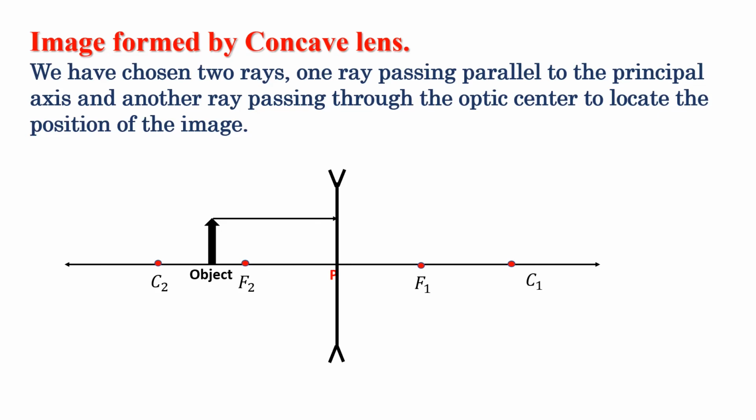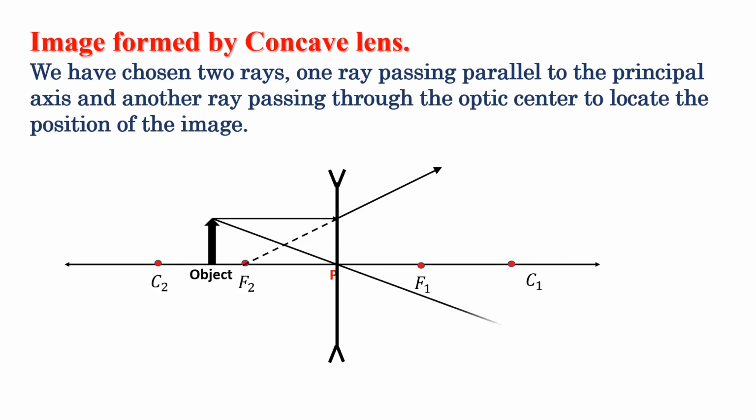Here after refraction, the ray will go in such a direction that it appears to emerge from the focus F2. So like this it will go. And for the second ray, we take the ray which is passing through the optic center.